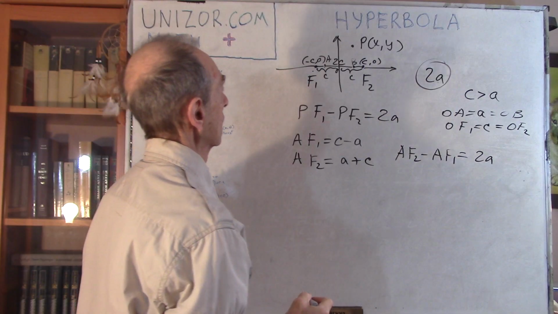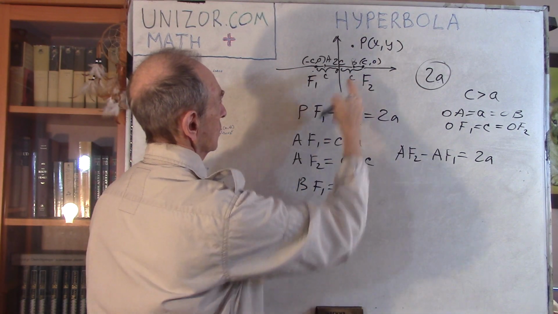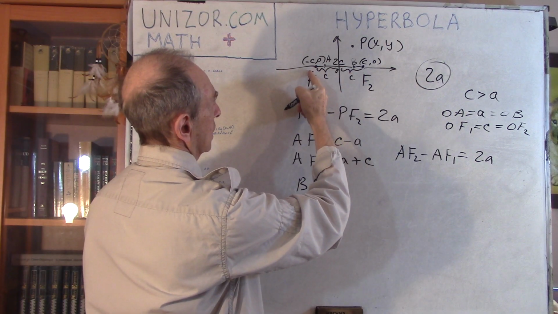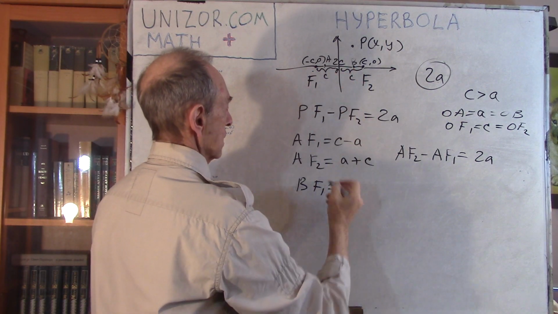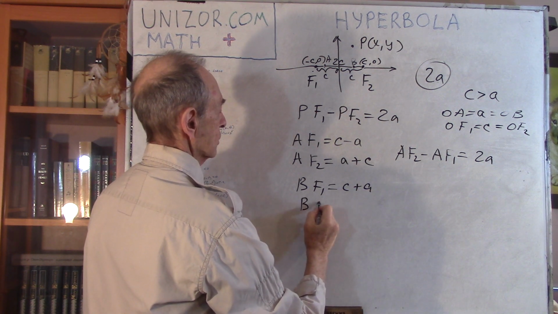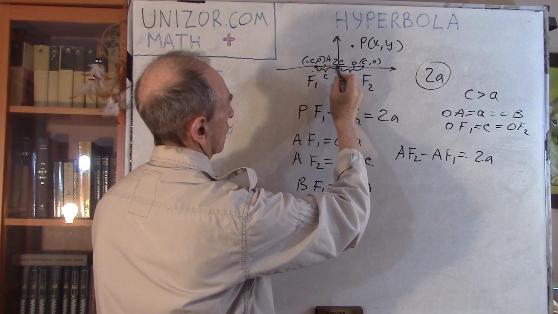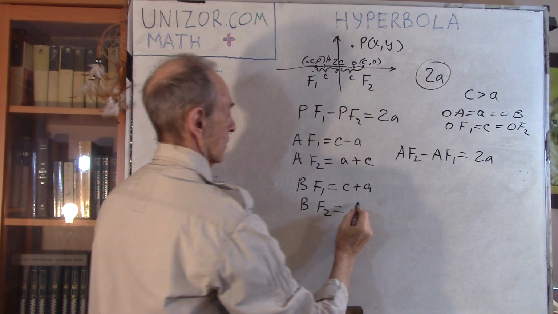Now, let's talk about B. BF1, B to F1, is c plus a. From B to F2, that's c minus a.